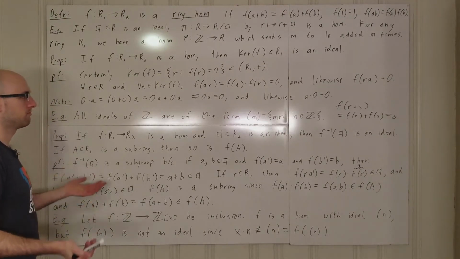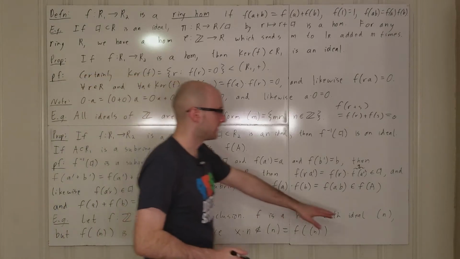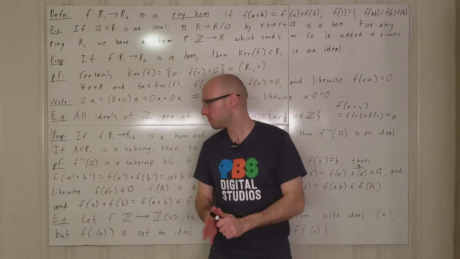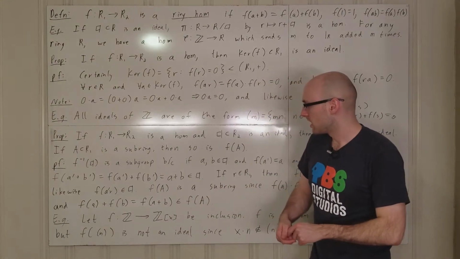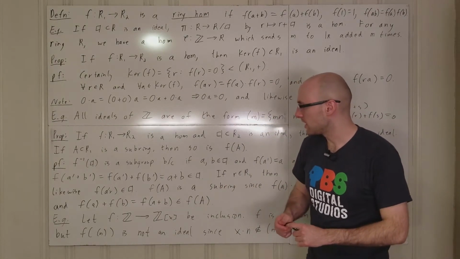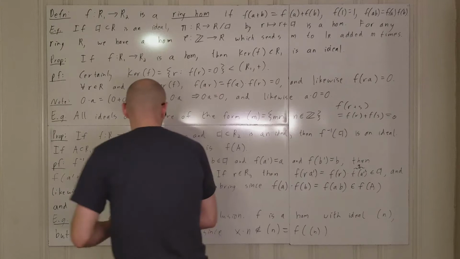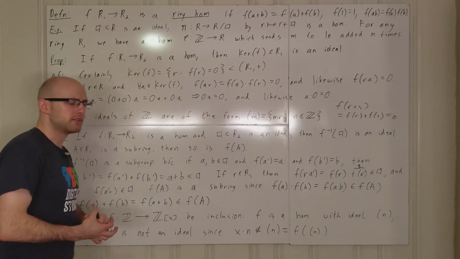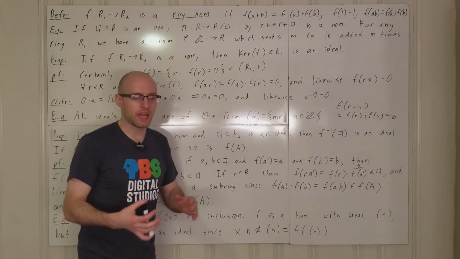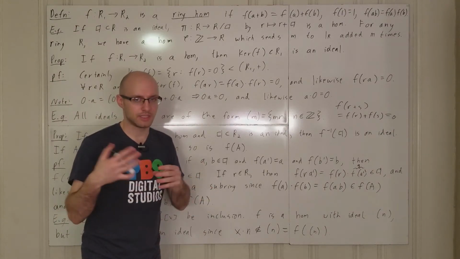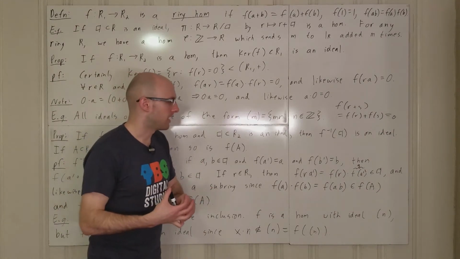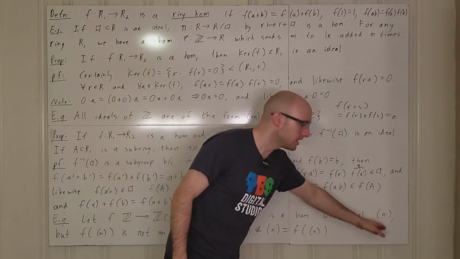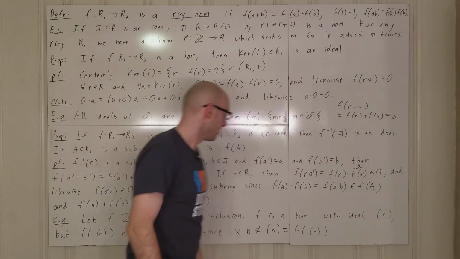And let's take an ideal of this form, nZ, so all integer multiples of a particular integer n. Then it turns out that the image of this is not an ideal, because you would need to be able to multiply any polynomial by any element in here and stay in here. But that doesn't work.